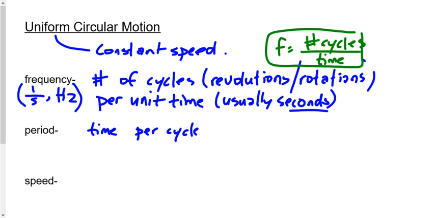Okay? The units for the time per cycle would typically at least be seconds, although we can use days or hours, like we did when the Earth was going around the sun or rotating on its axis.